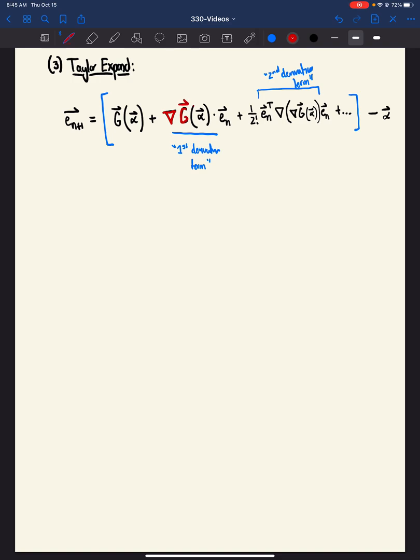This gradient of our vector function g. What this actually turns out to be is our Jacobian matrix.